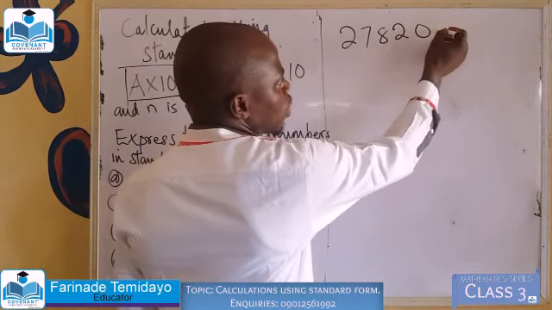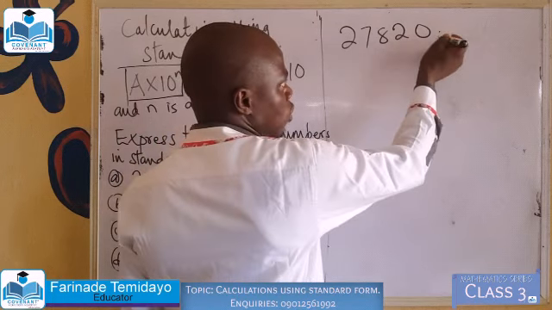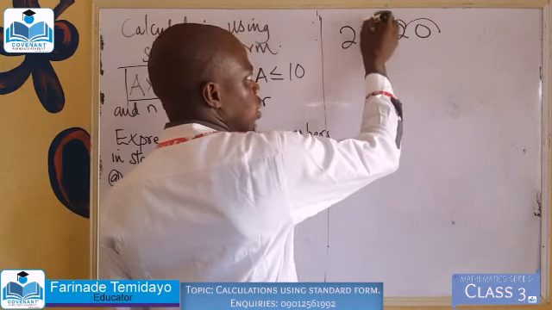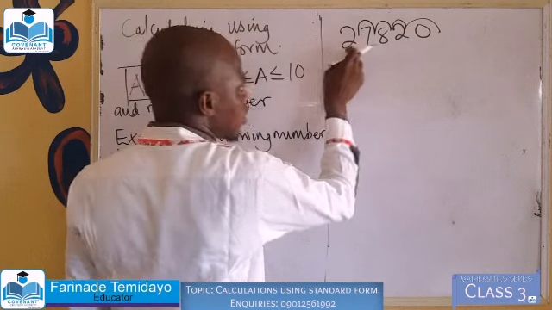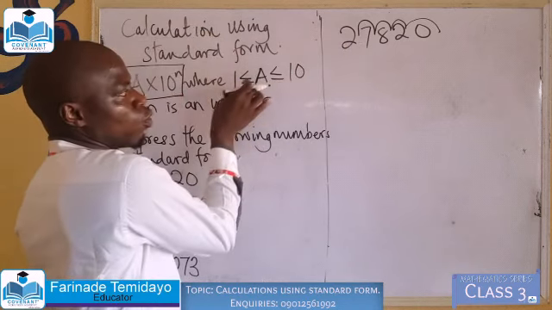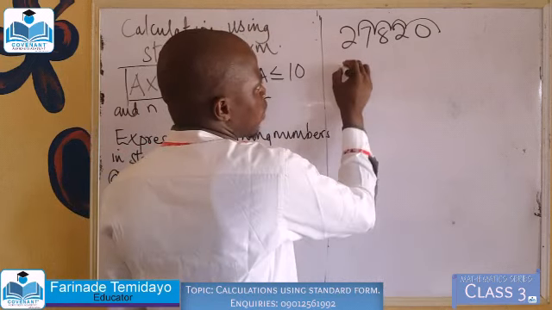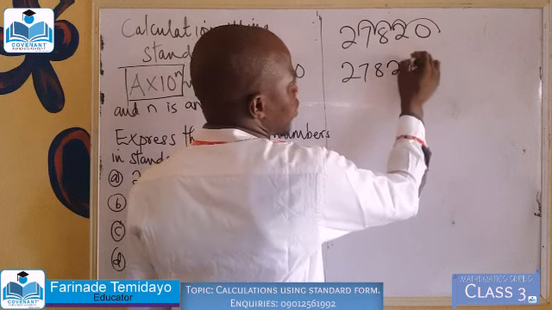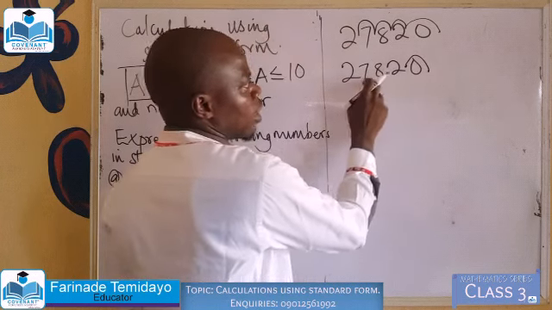You have to introduce a decimal point, then move your decimal point from the right to the left. 1, 2, 3, and 4. Now, why do we stop here? You can see this is 2.782, that means it's between the range of 1 to 10. Assuming if I move my decimal point once, this is 2,782.